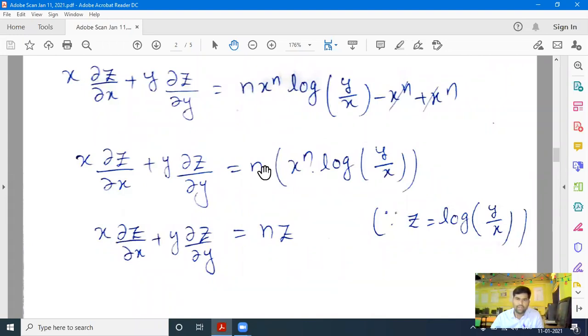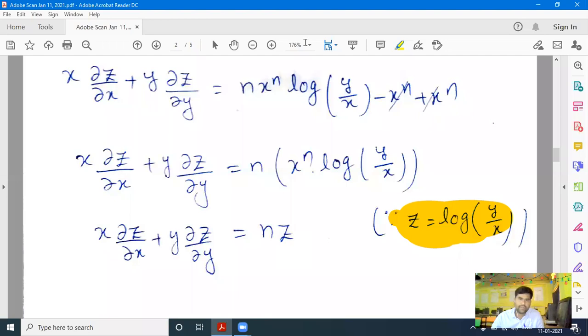So we are writing this as n into x to the power of n into log of y by x. So that is equal to n into z, because z is equal to what? x to the power of n into log of y by x. Okay, so we can write here z.